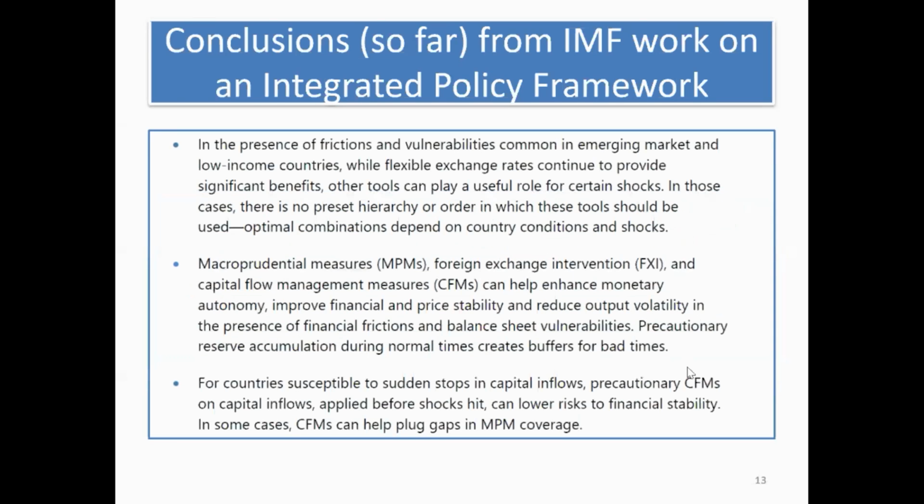And in the presence of frictions of the kind still prevalent in many EMs and LICs, there is a case for using a multiplicity of tools, including macroprudential and capital controls, to balance the risks. And precautionary reserve accumulation during normal times also provides a buffer that can be used.